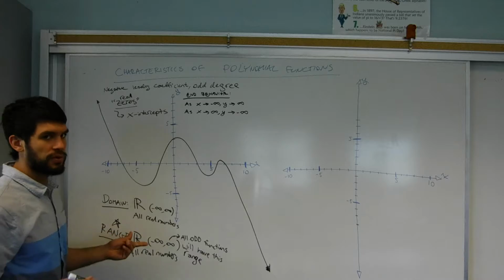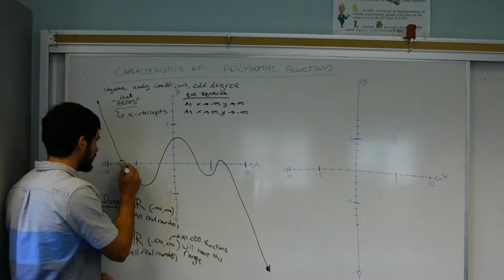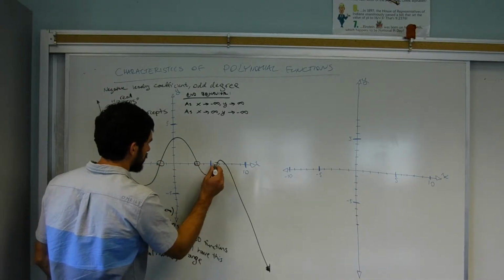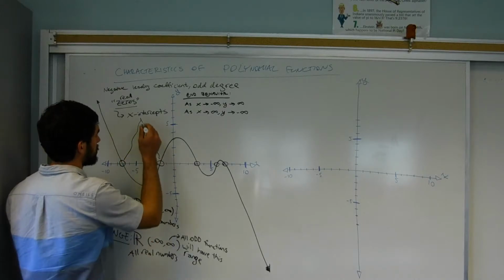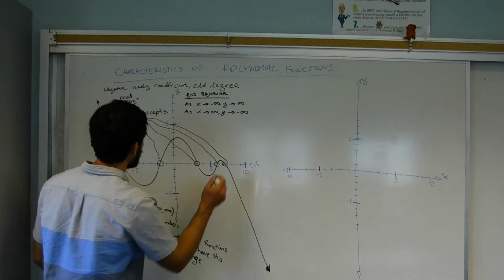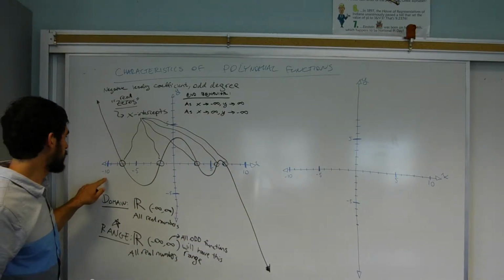If we were asked what the zeros of this function were, we have one over here, one over here, one over here, one over here, and one over here. I'll just draw an arrow to them. These are real zeros or x-intercepts.